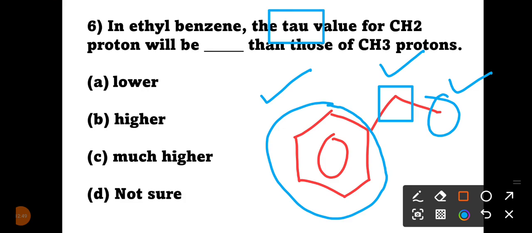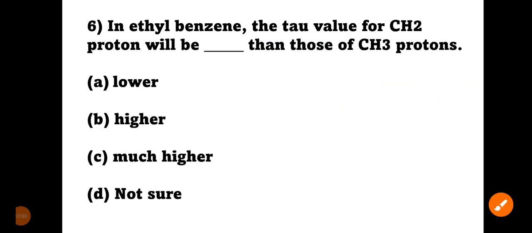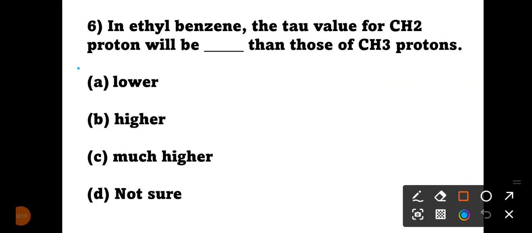So the answer here is that it will be lower than those of the CH3 protons, because they are asking for the tau value. If they were asking for the delta value, it would definitely be higher. But they are asking for tau, that is very important, so our answer is lower.